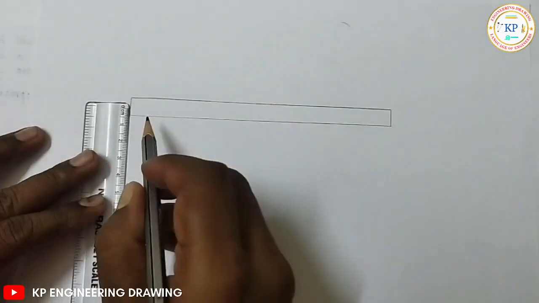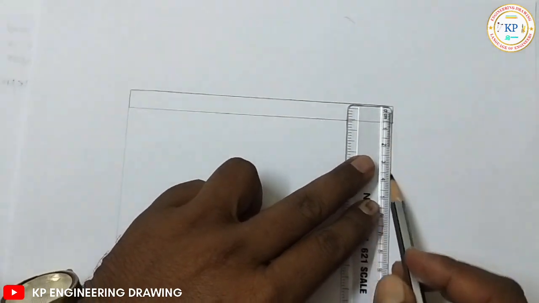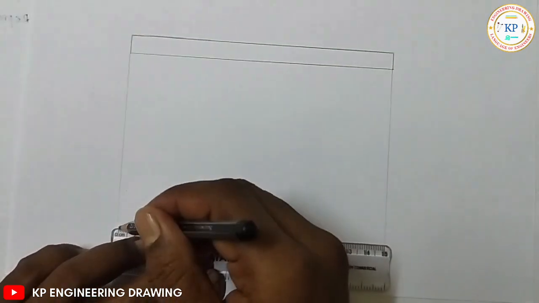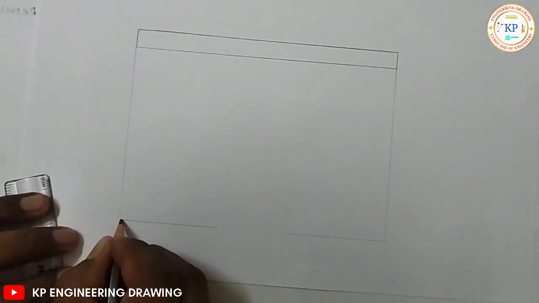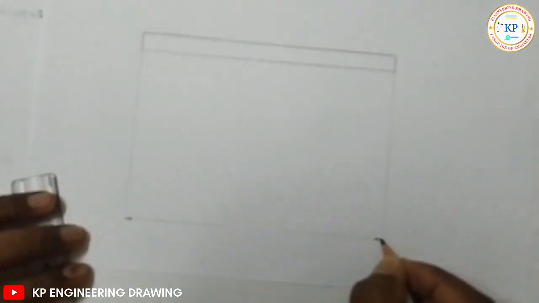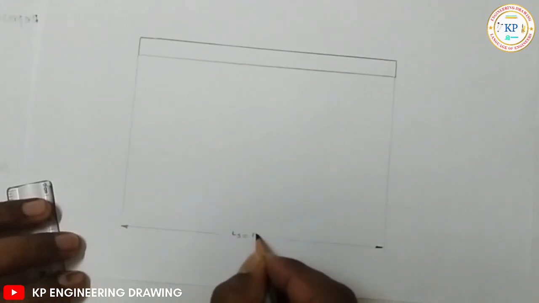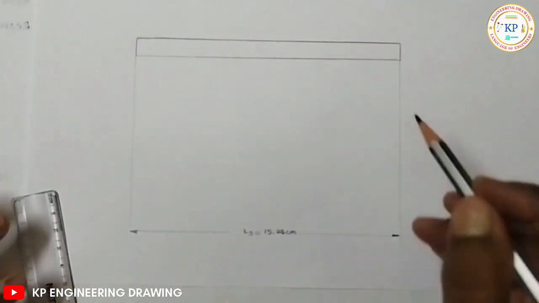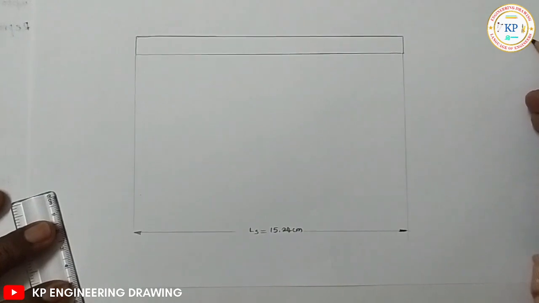So LS is equal to 15.24 centimeters, right? Now you divide this 15.24 centimeters into 7 parts.